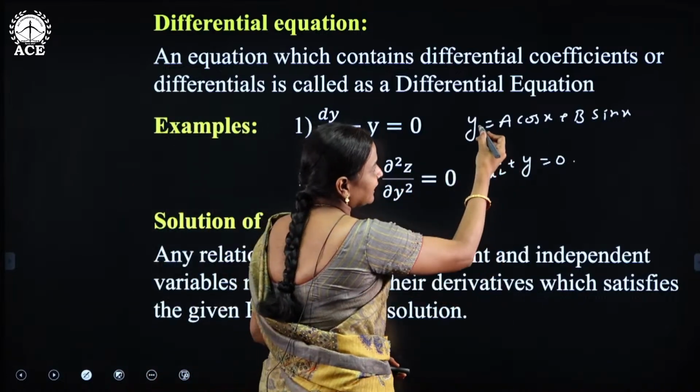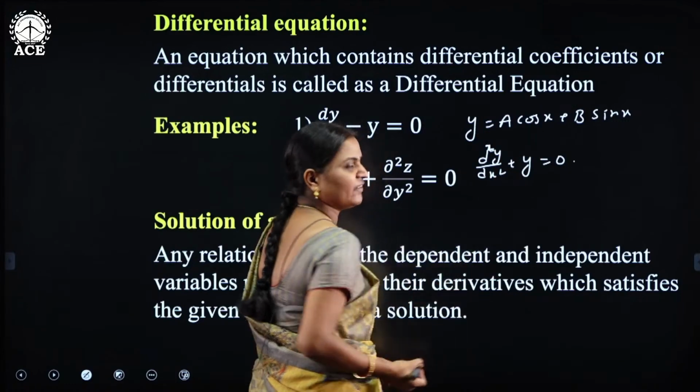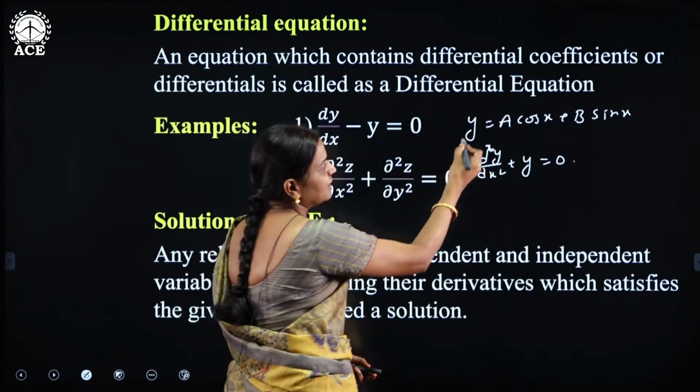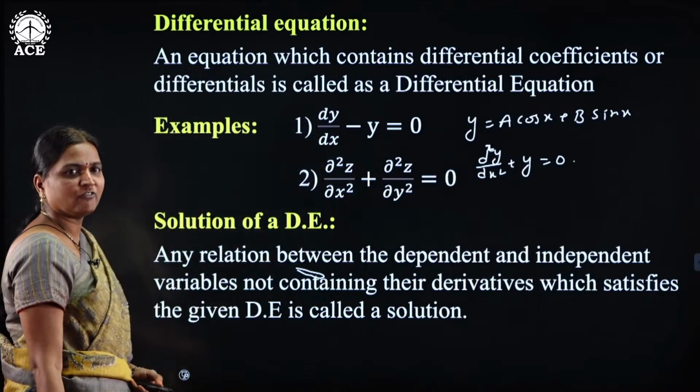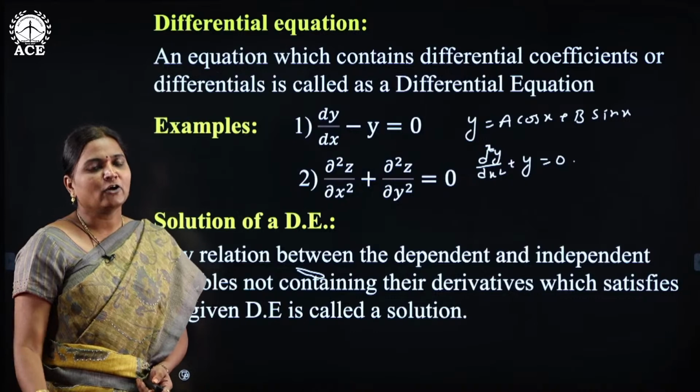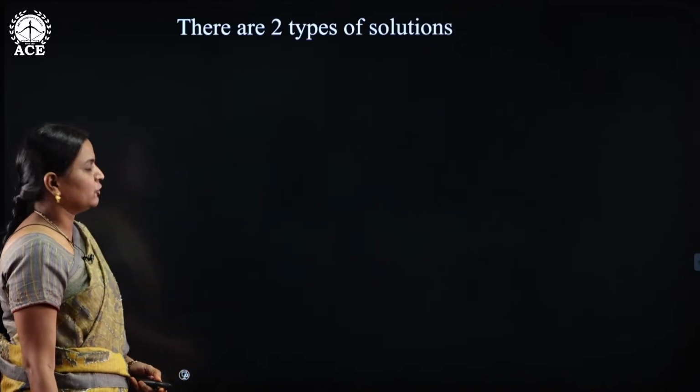Observe clearly that this relation satisfies the given differential equation. So we say that y equal to a cos x plus b sin x is the solution of the differential equation. Now, here we have two types of solutions.